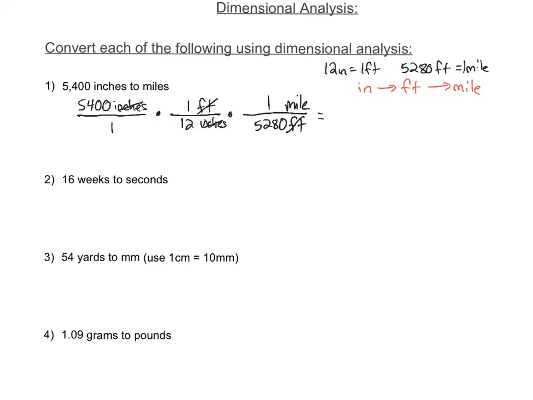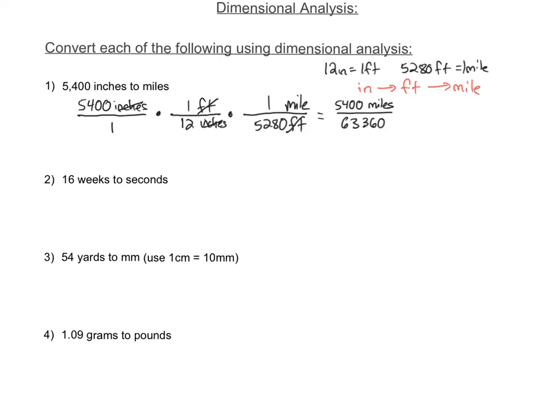So in my numerator, I have 5,400 times 1 with the unit miles. And in my denominator, I have 1 times 12 times 5,280, which is equal to 63,360 with no units left there.